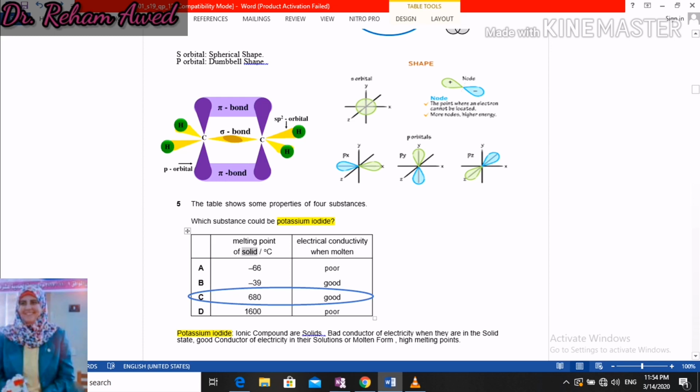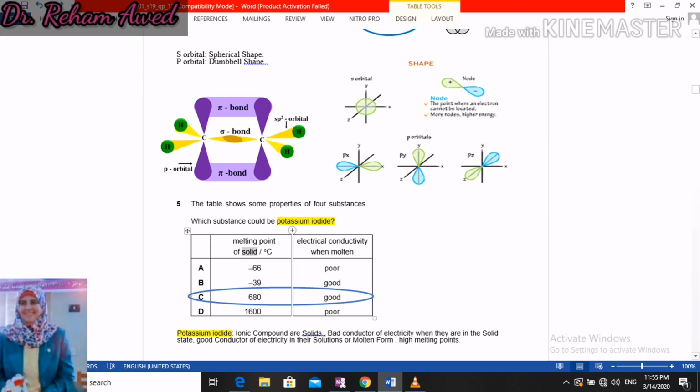Electrical conductivity when molten: we said electrical conductivity is related to having free, delocalized, mobile electrons that can transfer and conduct electricity, or to free ions that can move and conduct electricity.